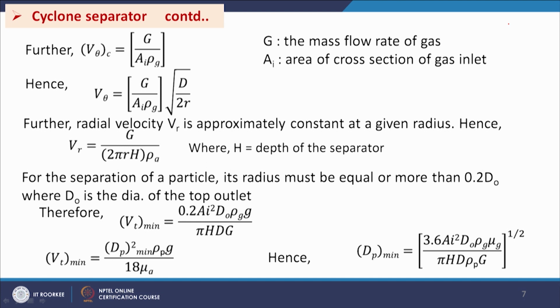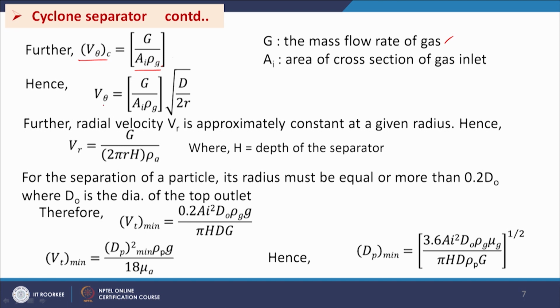Now, if this is the case, then V theta c can be calculated from the mass balance. So, if G is the mass flow rate of gas, then V theta c is equal to G divided by A I into rho g, where A I is the cross sectional area of the gas inlet. So, inlet duct cross sectional area into velocity, tangential velocity, that is the volume, into rho g, that is the mass. So, this expression we are getting.